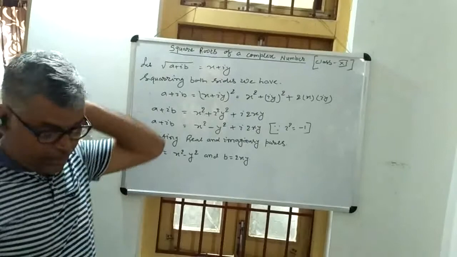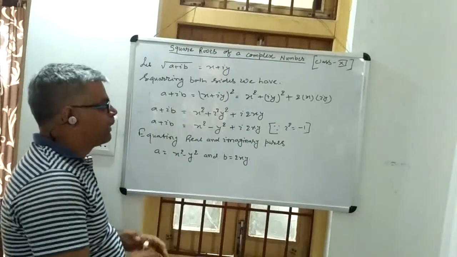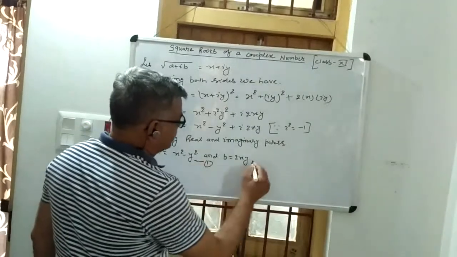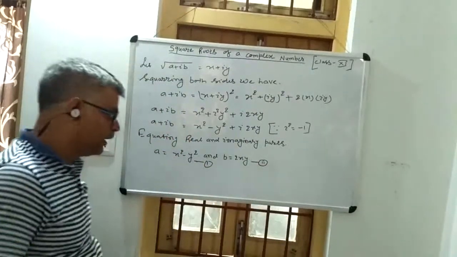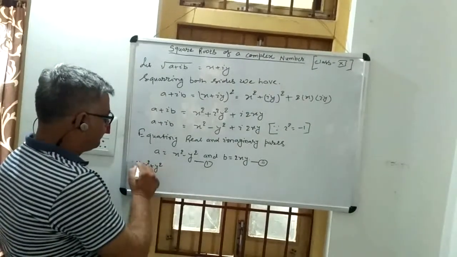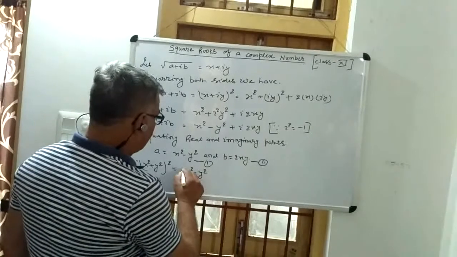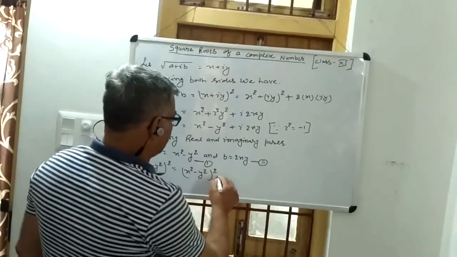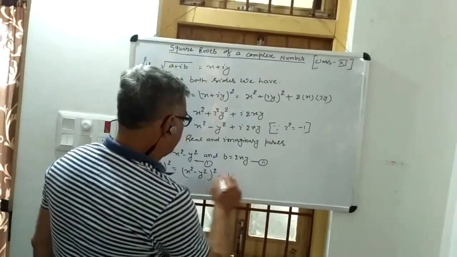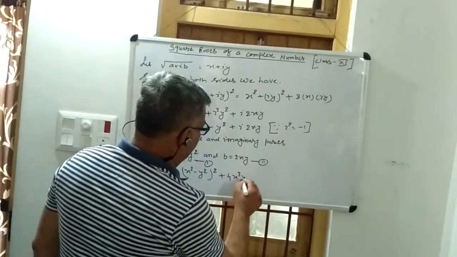Now we need to find the value of x and y. So we have the value of x square minus y square. Suppose this is our equation first and this is our equation number 2. Now since we can have (x square plus y square) whole square equals (x square minus y square) whole square plus 4 x square y square.